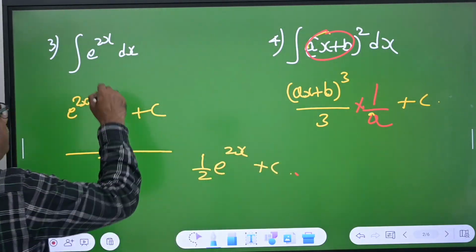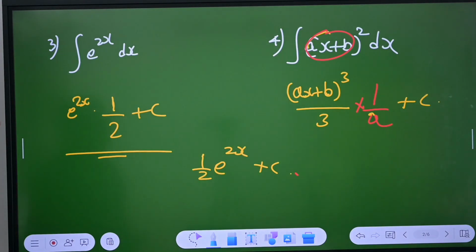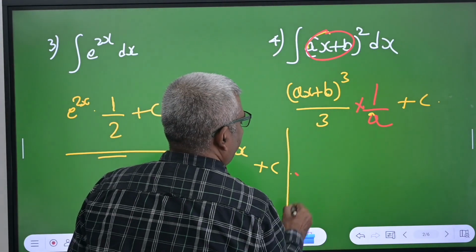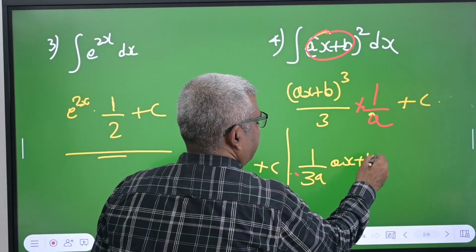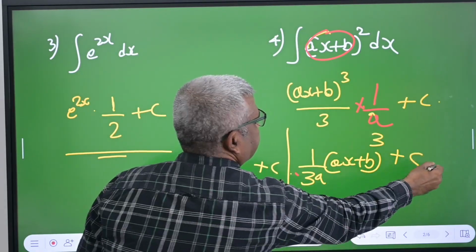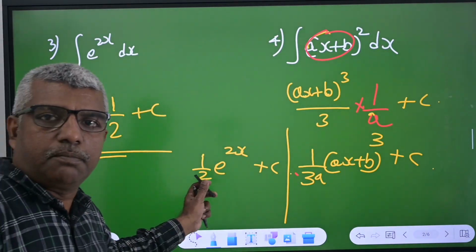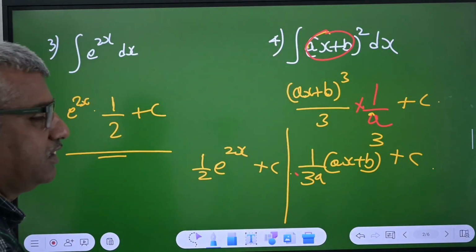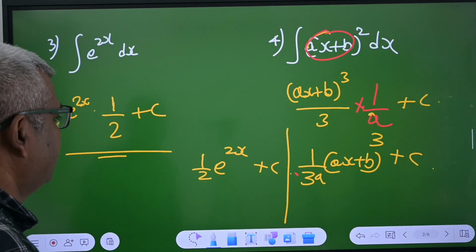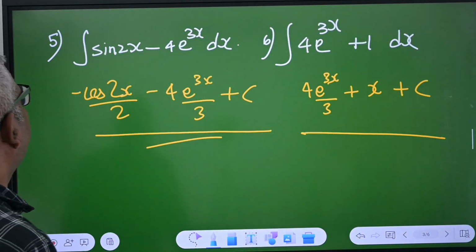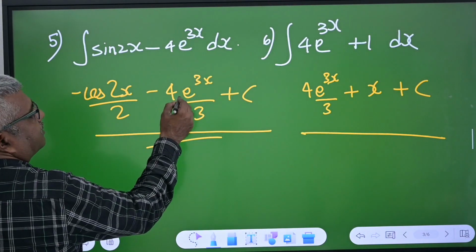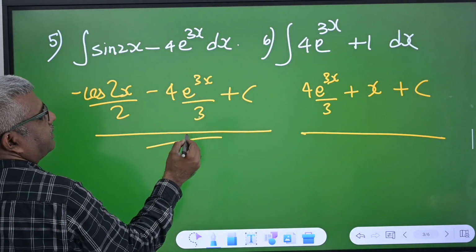plus c. Question number 3. Question number 4: 1 by 3a, ax plus b to the power 3, plus c. Students, please note down, copy it. Question 5: minus 4 by 3 e power 3x, plus c.